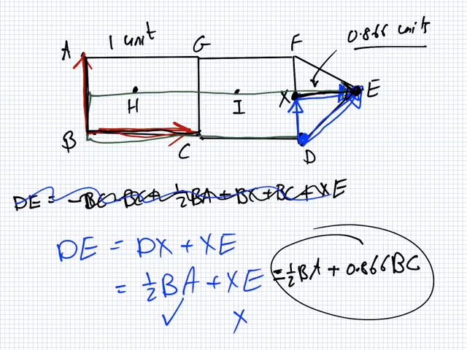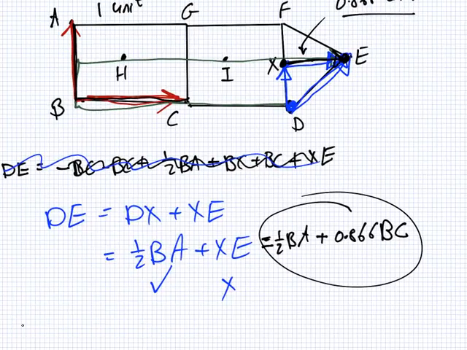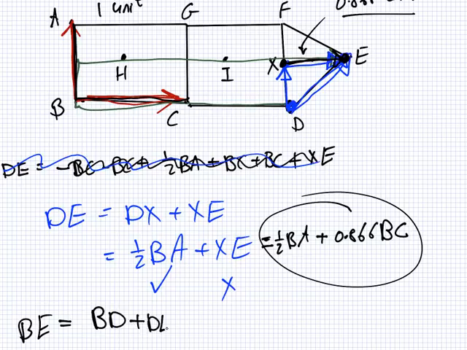Okay. Hard. Yeah. The last part actually isn't too bad. BE. BE, come in. Who have I got? Iyad. BE is BD plus DE, which is twice BC plus this answer, a half BA plus 0.866 BC.